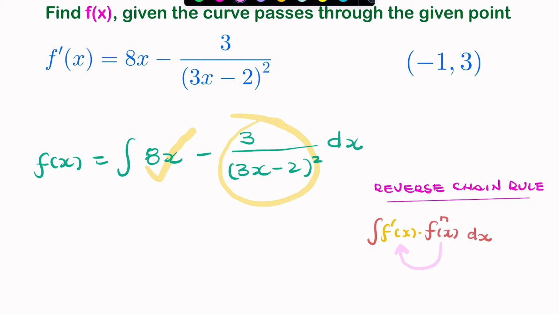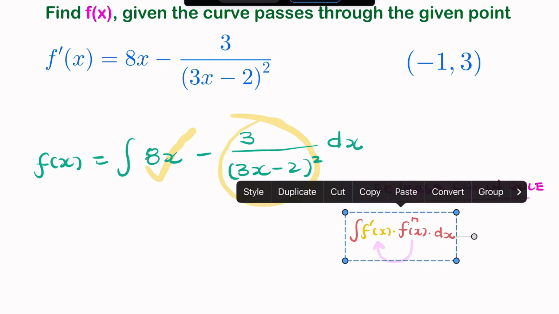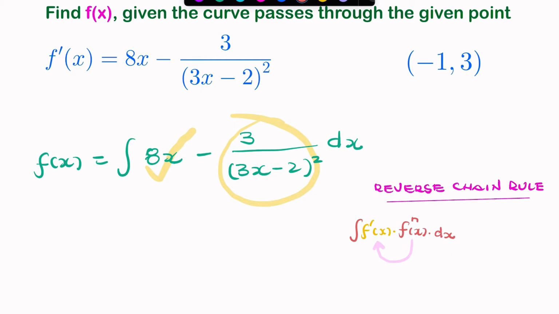When we have a situation like that, the actual answer looks like this: f to the power n plus 1 divided by n plus 1, just as if it were x.